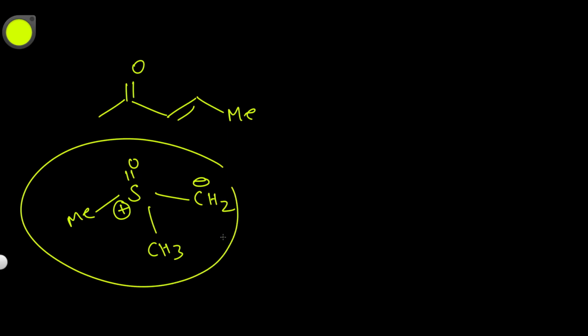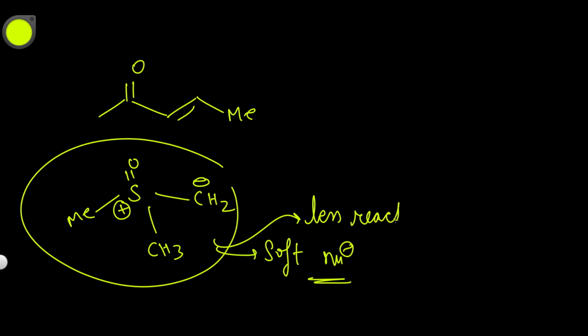Now this region is working as a soft nucleophile, and it is also less reactive. Why is it less reactive? Because this negative charge, due to this S double bond O group acting as a withdrawing group, will withdraw the electron density from this carbon, from this CH2 minus.